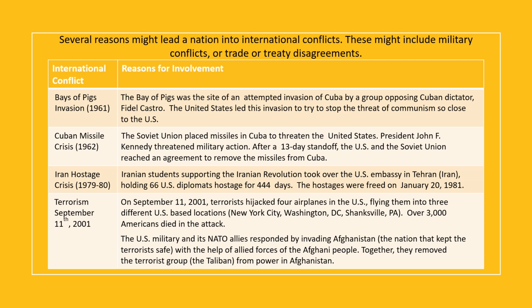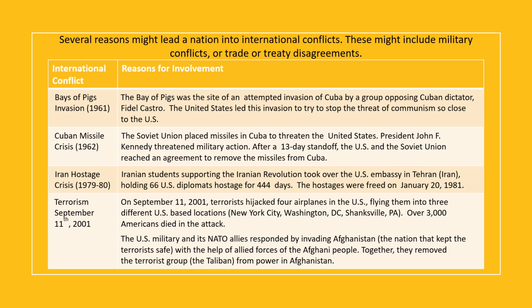The next year, we see the Cuban Missile Crisis. With the Cuban Missile Crisis, the Soviet Union, a communist country, placed missiles in Cuba to threaten the United States because, after all, those missiles would be so close to the United States that an attack could happen immediately after that attack was called, that the missiles wouldn't have to travel so far as they would traveling from Russia or the Soviet Union.